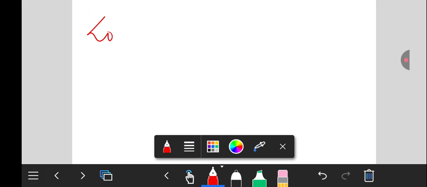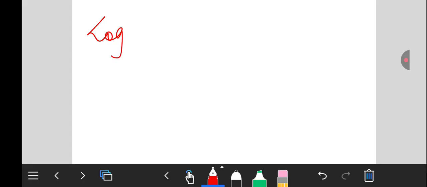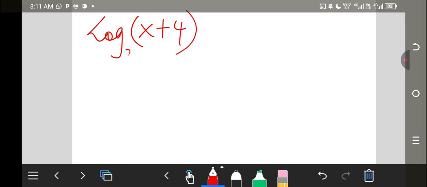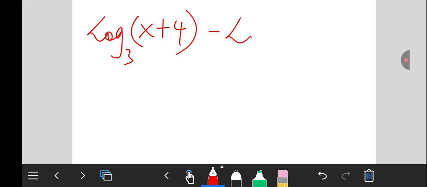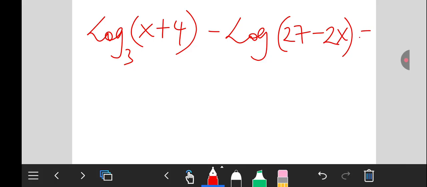Okay, so the question is log x plus 4, this is in base 3, minus log 27 minus 2x is equal to 0.